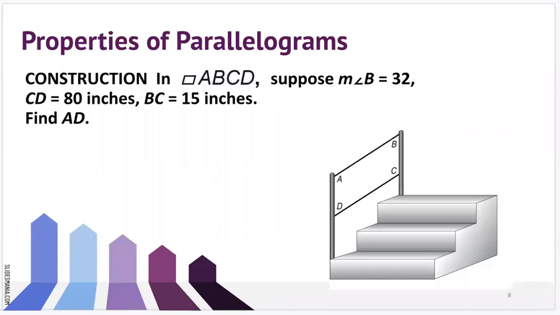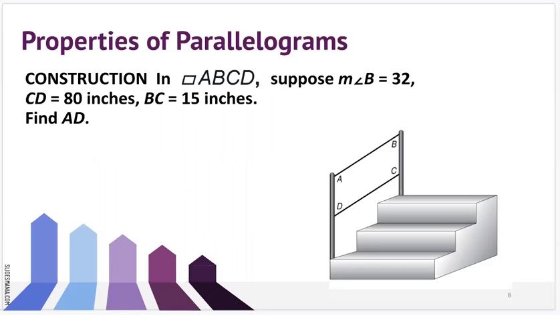If in parallelogram ABCD, suppose that the measure of angle B is 32 degrees, CD is equal to 80, and BC is equal to 15. Jason, what's AD? You don't even have to do any work. AD.